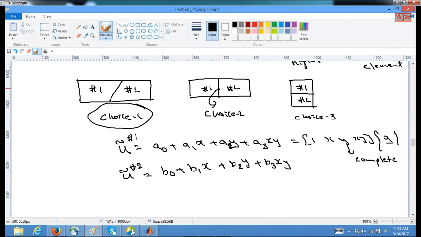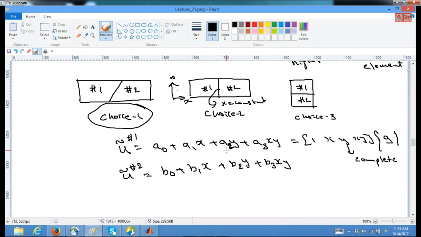The equation of this line is x equals constant, because it is a line parallel to the y axis. So let me put it in this equation.